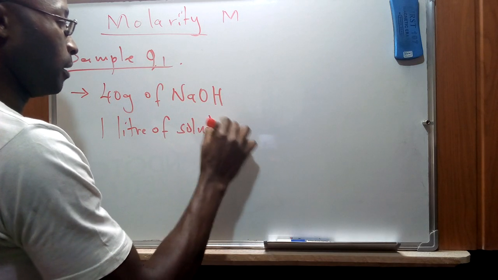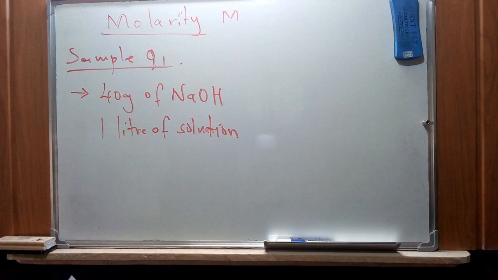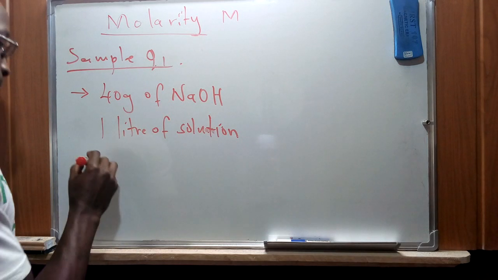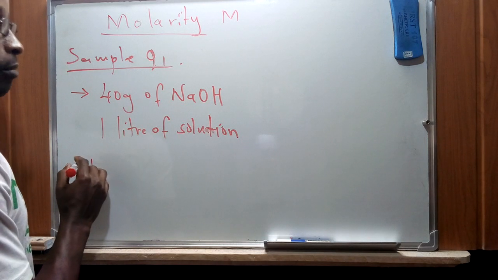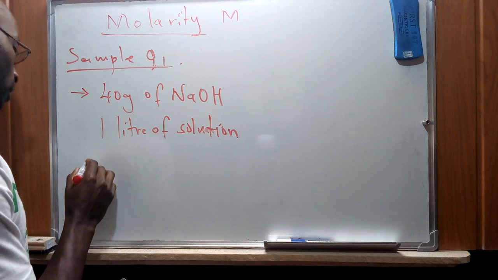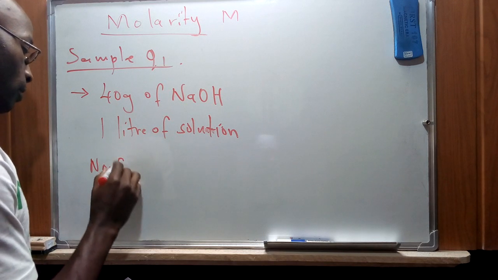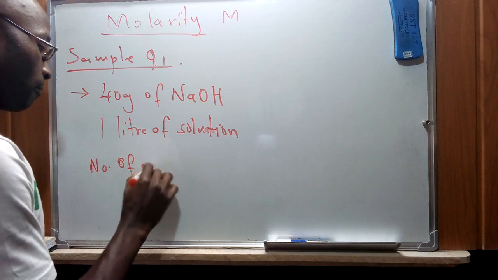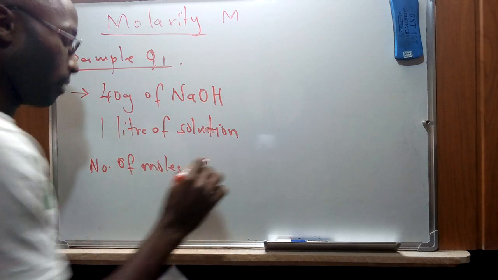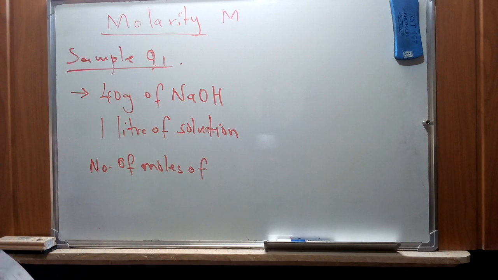For us to find the molarity, the denominator is the volume, but we first need to find the number of moles of sodium hydroxide that has been dissolved.